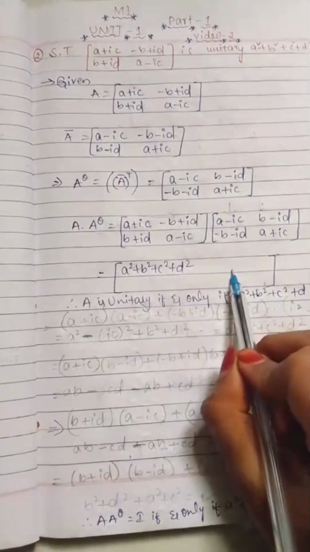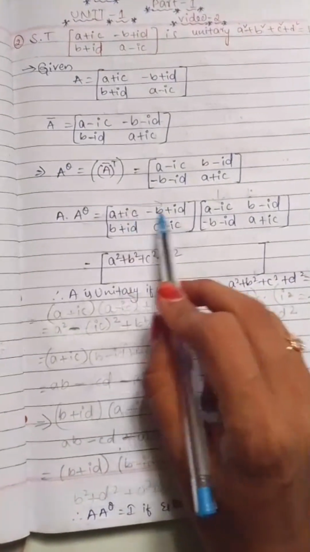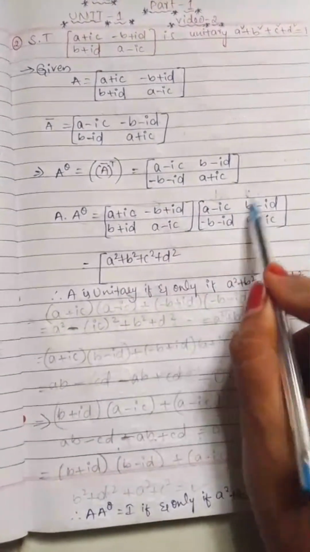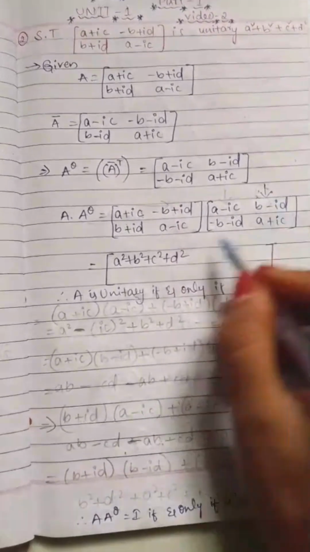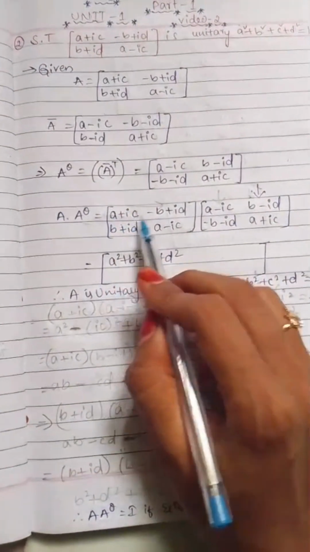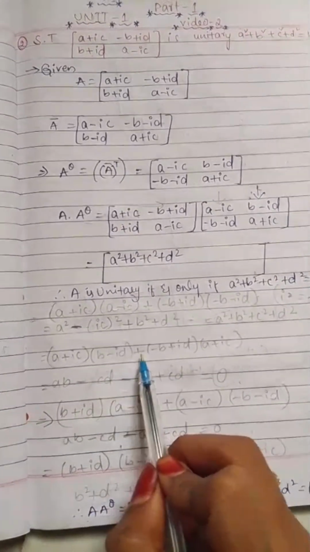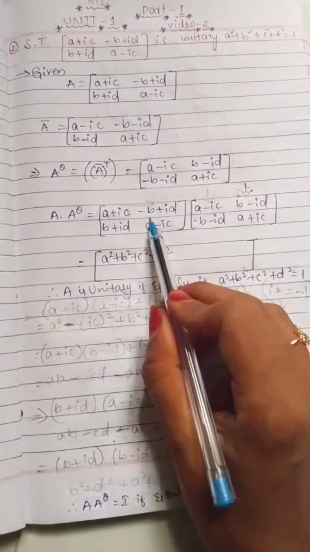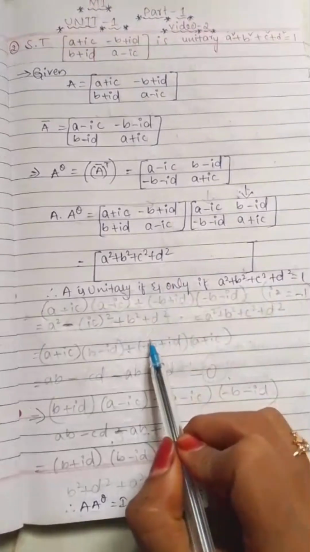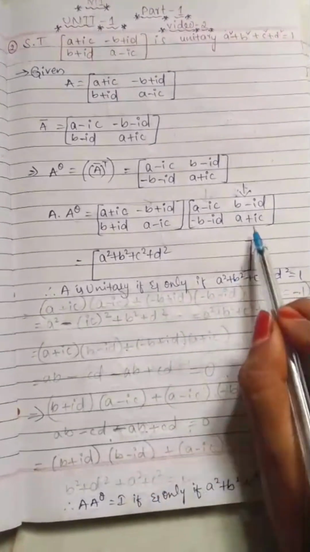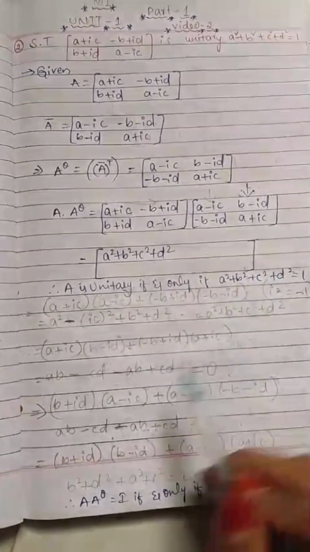Again for this position I have to do first row and second column. a + ic into b - id, plus -b + id into a + ic.